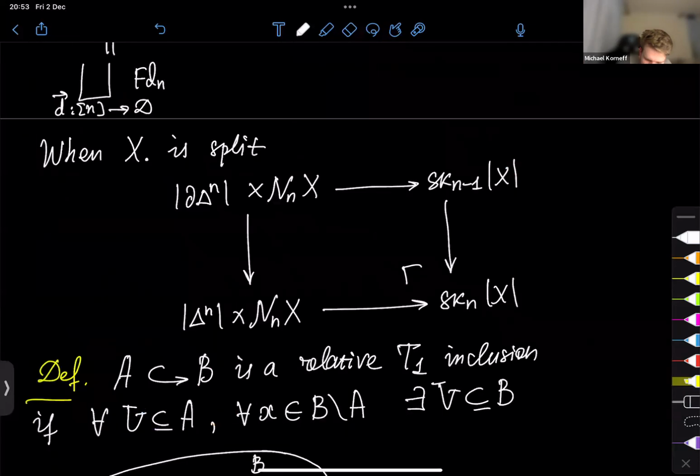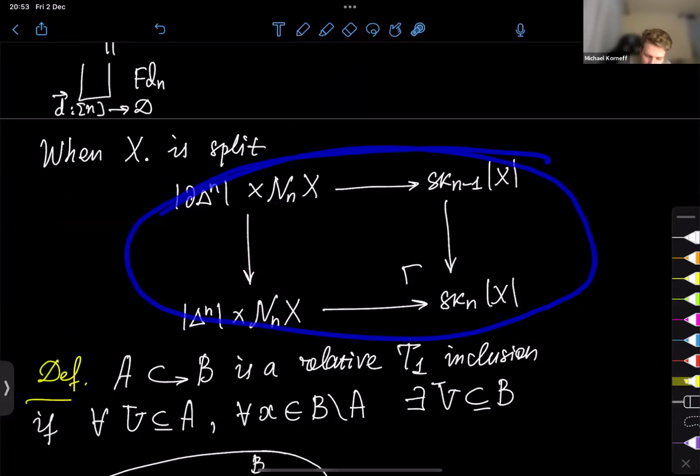It follows from the consideration of the following diagram.